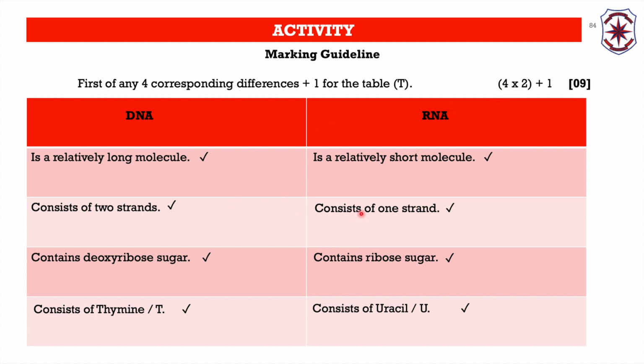So it's 2, 4, 6, 8. That is the 8 marks. And then, like I said, you get 1 mark for the table. You will see the marker writing T there and making either a tick or a cross. That is for the relevant headings of the table itself.